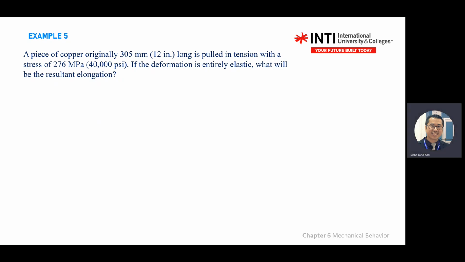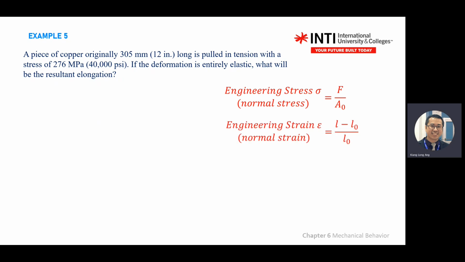In this case, what information do you have? You have the original length, you have the stress. It asks you what is the resultant elongation. So in this case, we start with two equations, stress and strain in the normal direction.